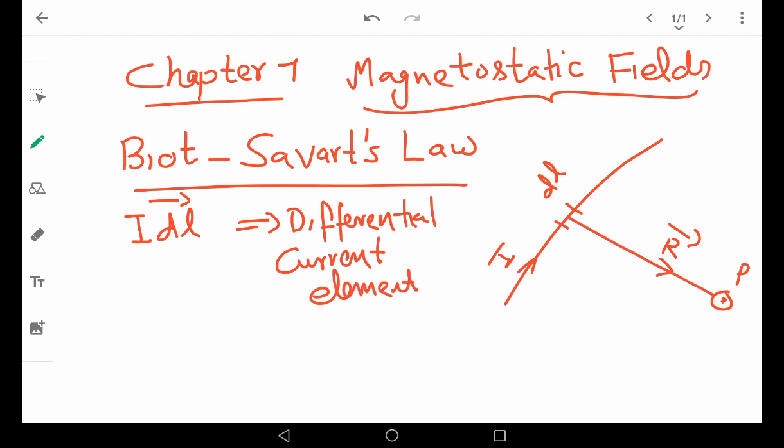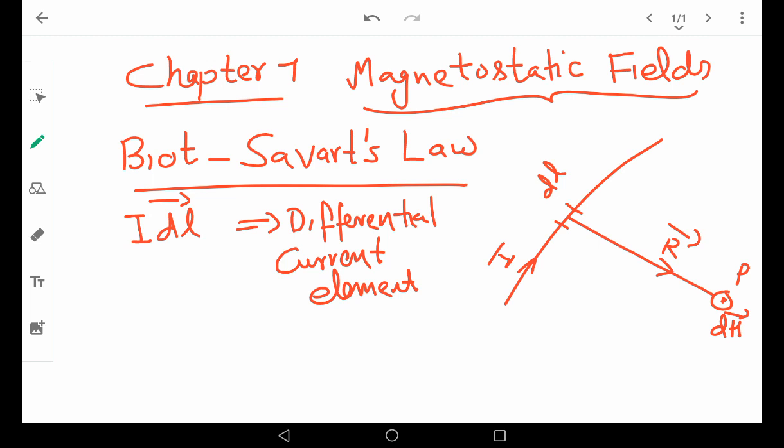You draw a vector R from that current element to the point P. I want to find out the differential magnetic field, the elemental magnetic field dH at the point due to this current element.